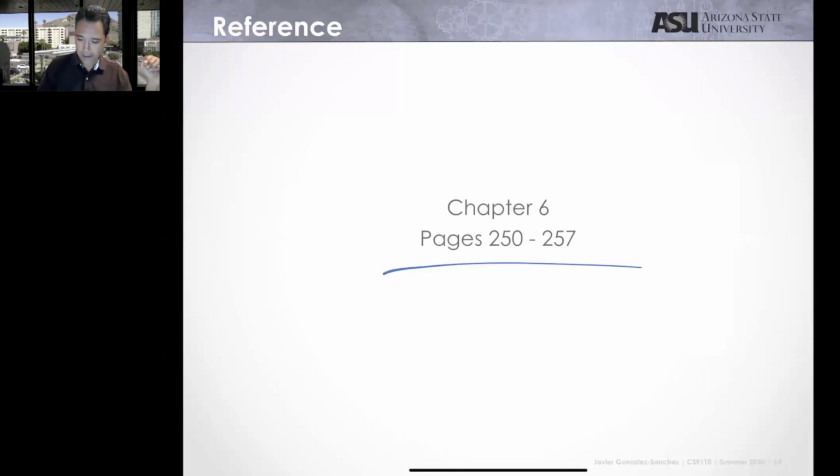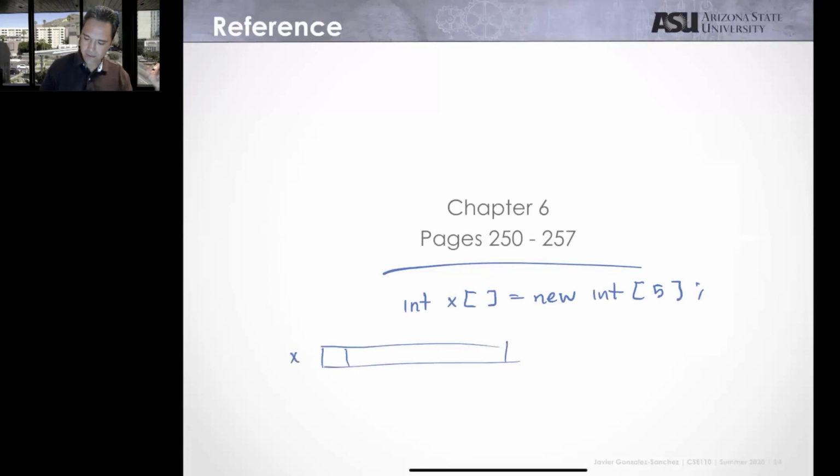Yes, of course. Remember this, if I create an array like this, and this one is equal to new int 5, automatically, what do I have? I have an array X, I have 5 elements, 0 to 4. Which values do I have inside?